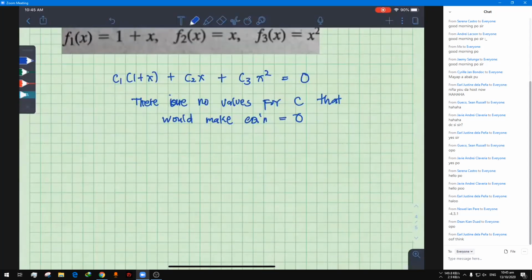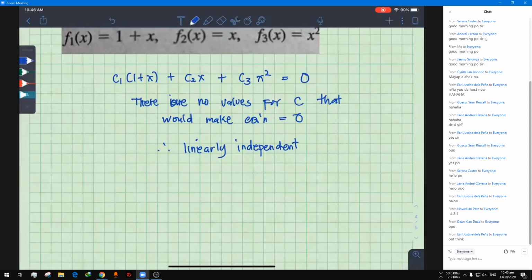So in this particular example, the answer is that this is linearly independent. Those three functions are linearly independent.